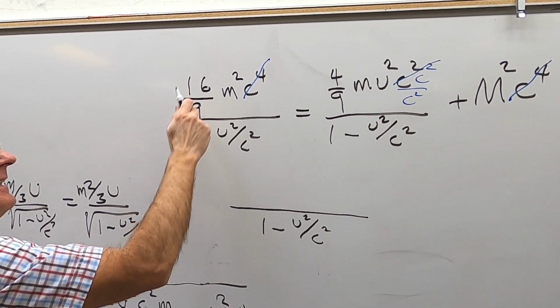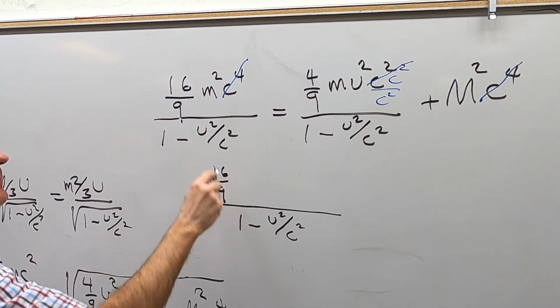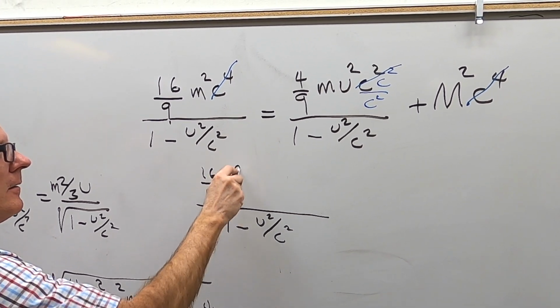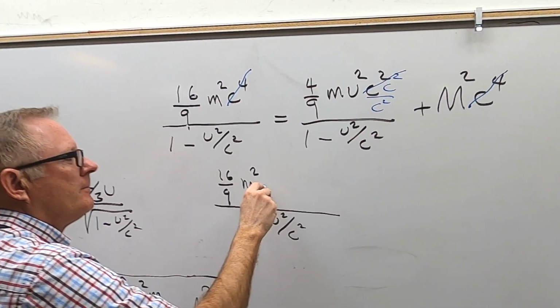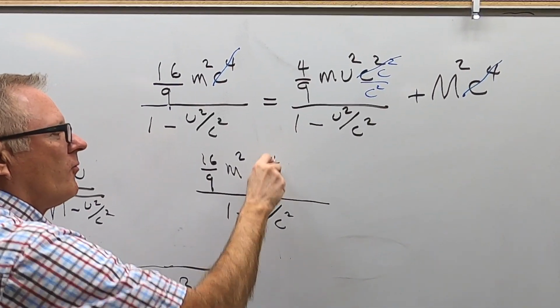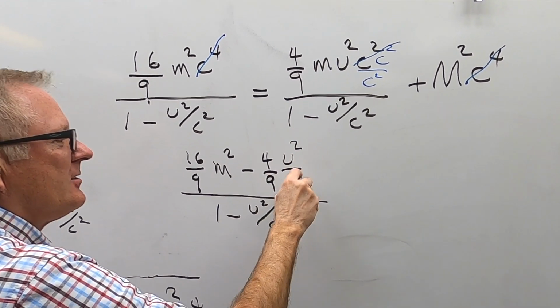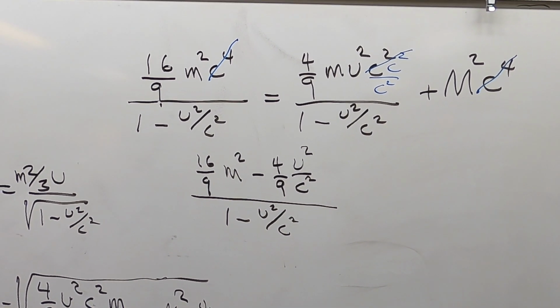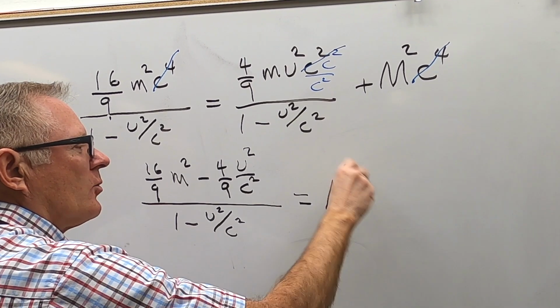We have 16/9 m squared, and then bringing this thing over, we get minus 4/9 u squared over c squared, and that equals big M squared.